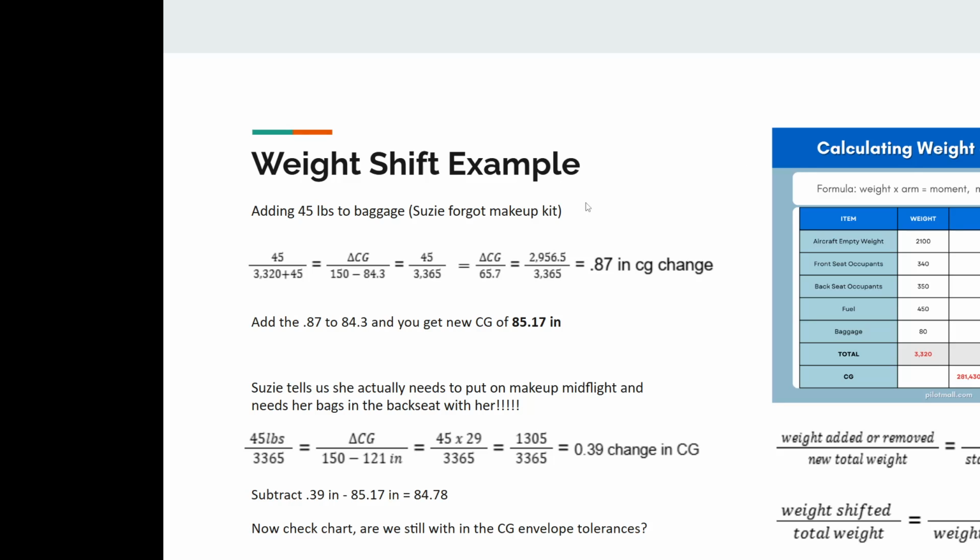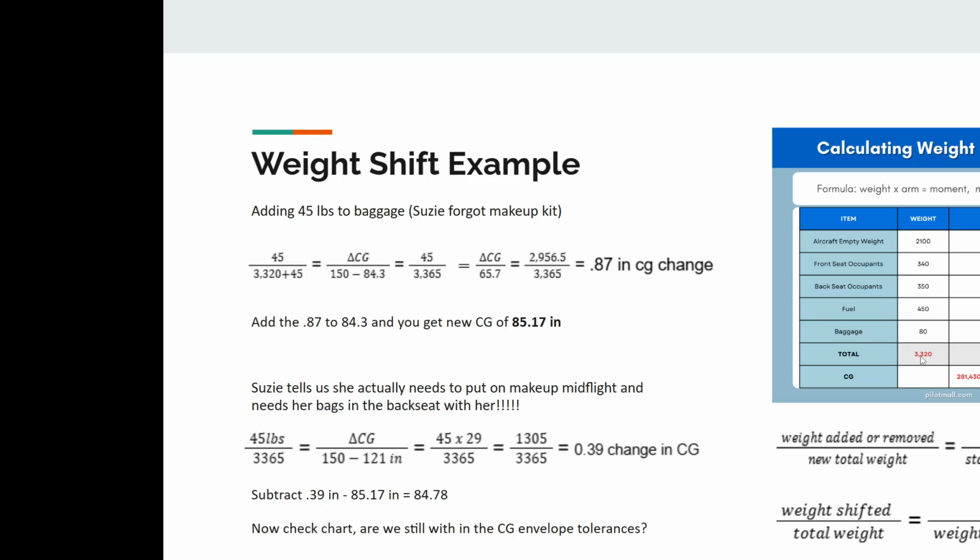So how do we go about this? Well, we're adding weight, so this is where we'd have to use this formula. Essentially, it's just a little bit of cross multiplication that you kind of learned back in elementary. You would take the 45 pounds of added weight, and then you would add your 45 pounds to your previous weight.